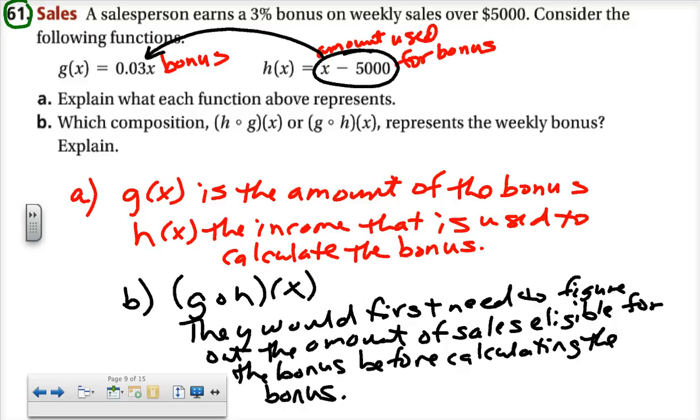So it just makes sense. What's eligible for the bonus? Now take 3%. That will get you the bonus.